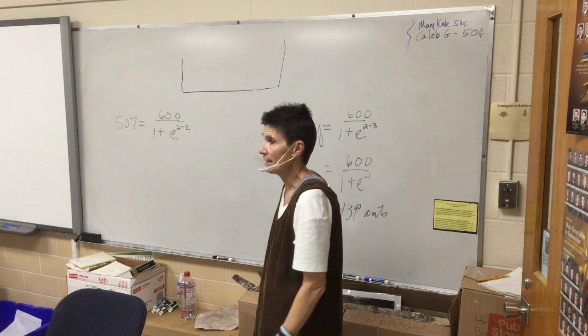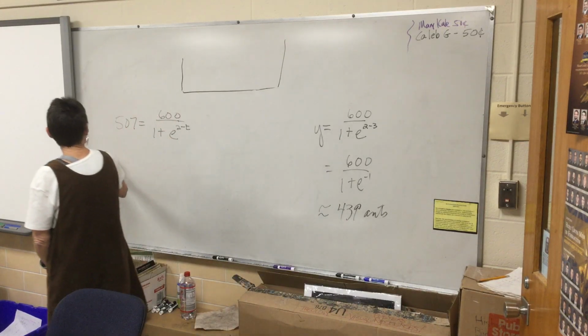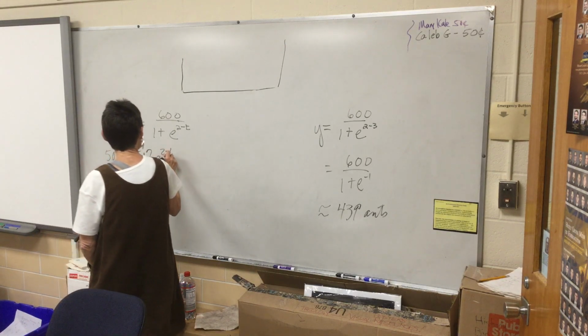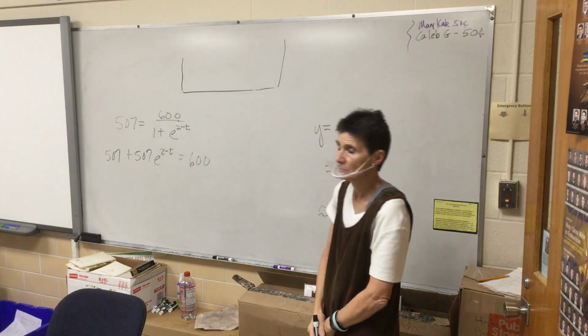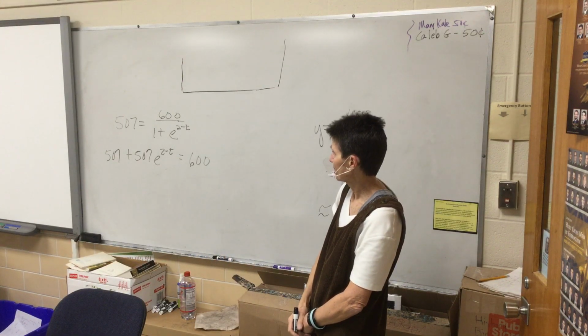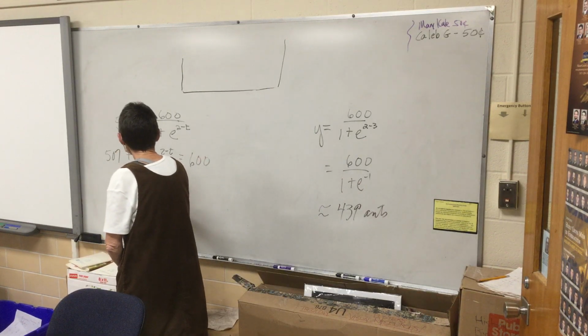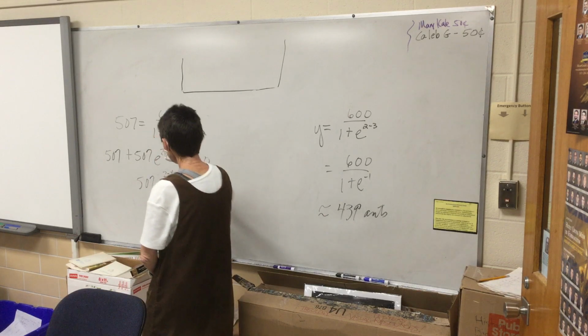How do I solve that? Cross multiply or bring this over. So 507 plus 507 e to the 2 minus t equals 600. Minus 507, so 507 e to the 2 minus t equals 93.